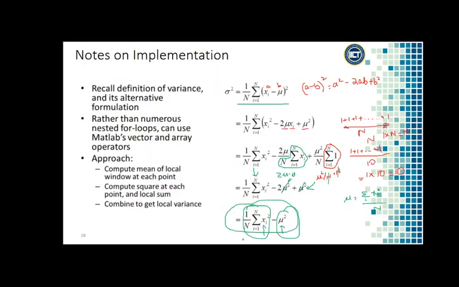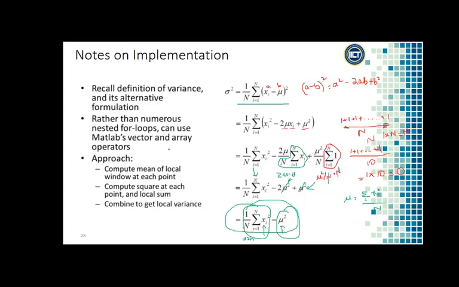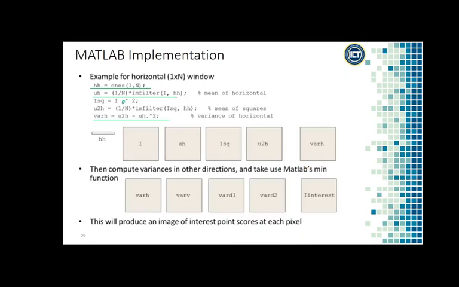This is U2H and this is U. Now, this is a graphical representation: if you apply this vector to the image, you will get UH, because you are applying this filter.